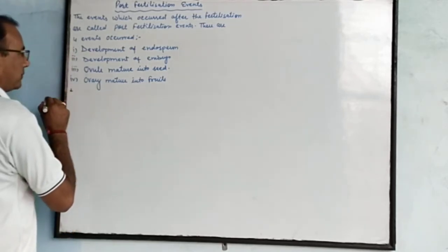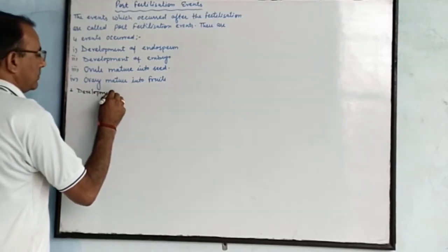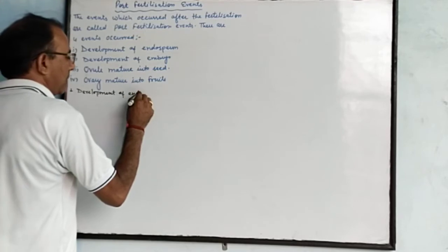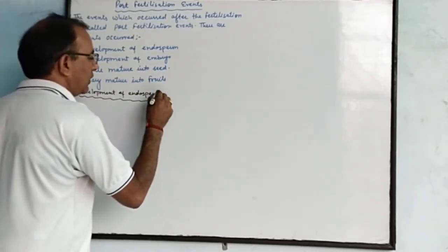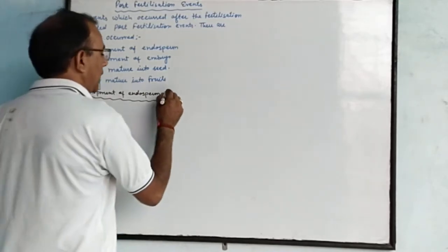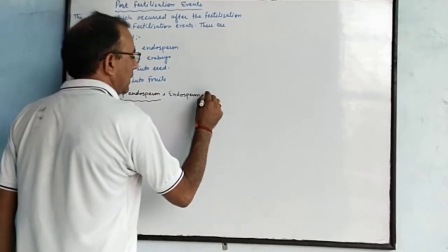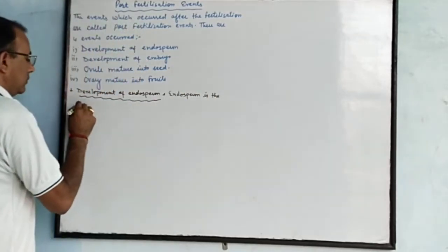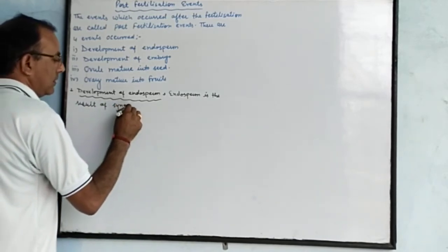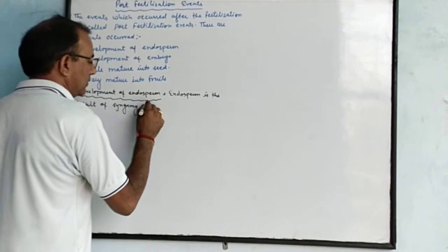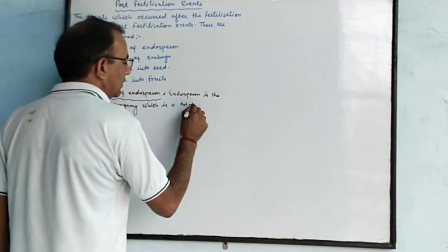First one is development of endosperm. As we have discussed, endosperm is the result of syngamy, which is a triploid cell.